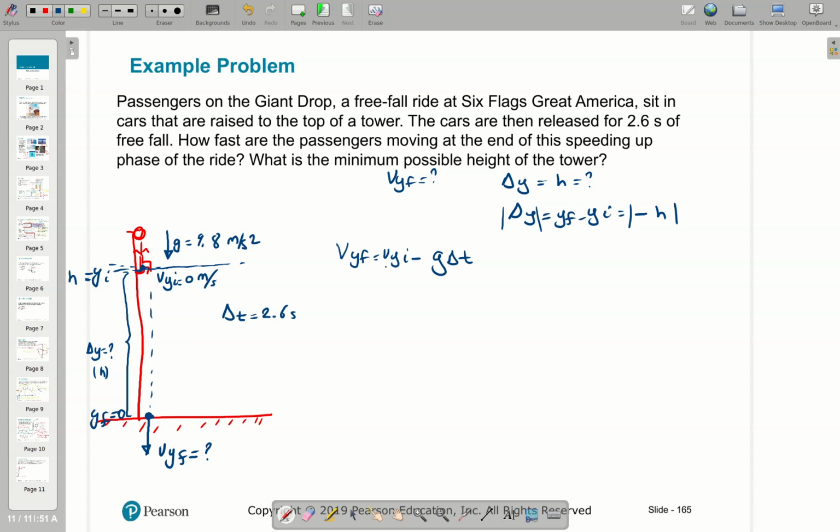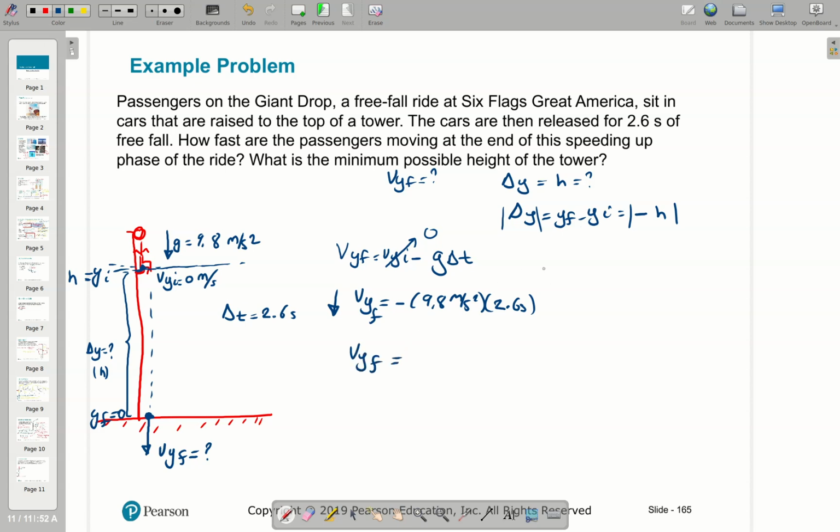Vy initial is 0. My Vy final will be negative, so I'm going to do a trick here. I know this guy should be negative. Well, this is also there. I can just leave it. Minus 9.8 meters per second squared times the time it takes, 2.6 seconds. Again, this minus means it's downward, that's all. So Vy final you will get from there.